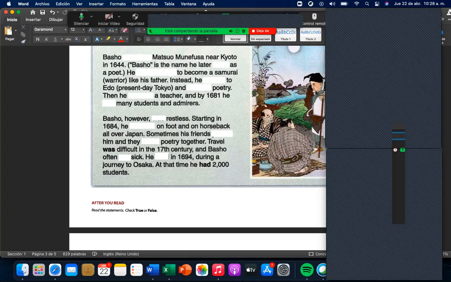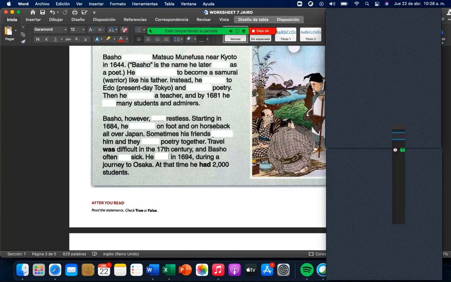Any other option there? ¿Alguien más escribió algo diferente o lo dejó en blanco? Was born. Okay, we have that option here. Felipe, would you please read? Continue. Basho was born Matsuo Munefusa near Kyoto in 1644. Basho is the name he later used as a poet.